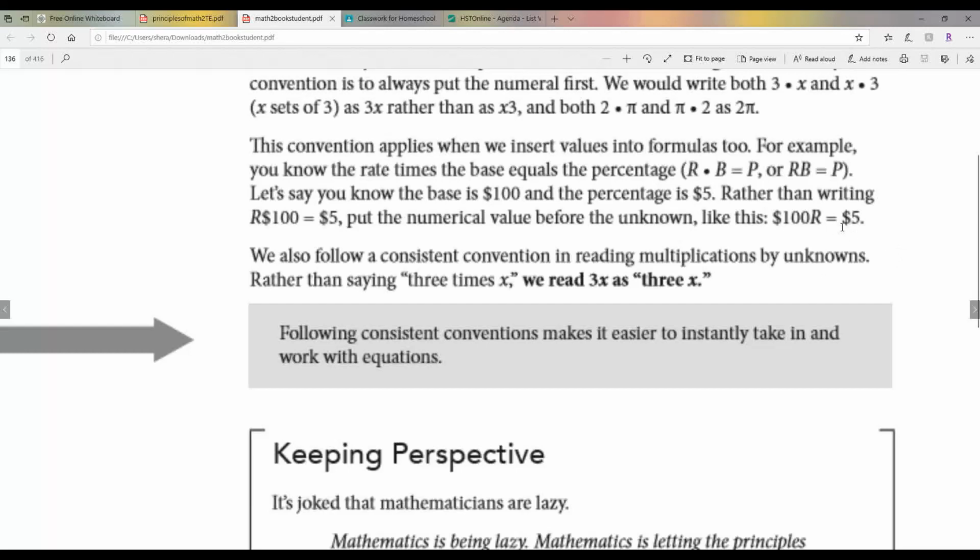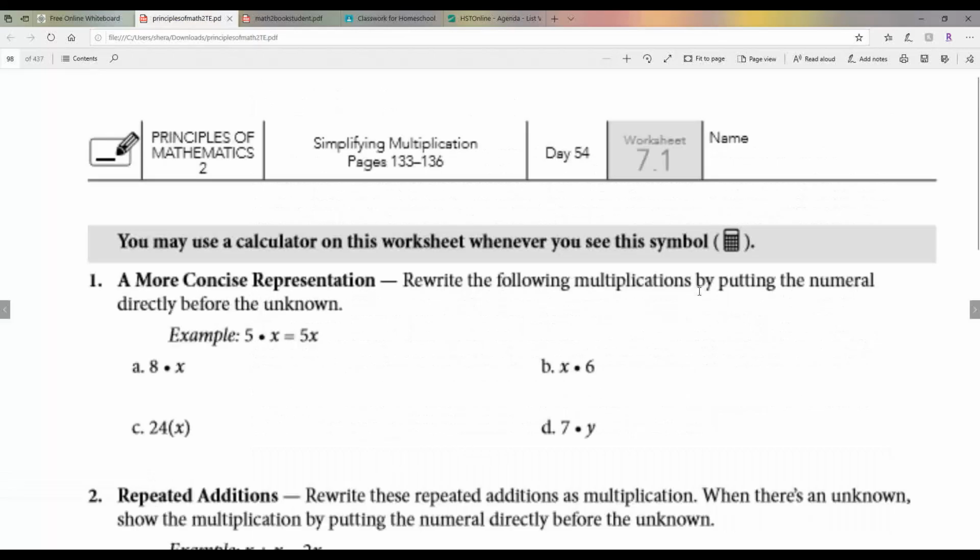We also follow a consistent convention in reading multiplications by unknowns. Rather than saying 3 times x, we read 3x as 3x. So these are just conventions, normalities in math that most everybody knows, kind of the way it's always been done.